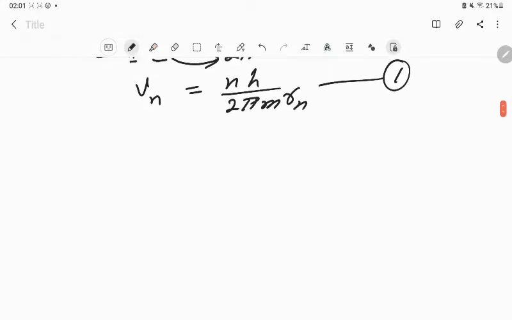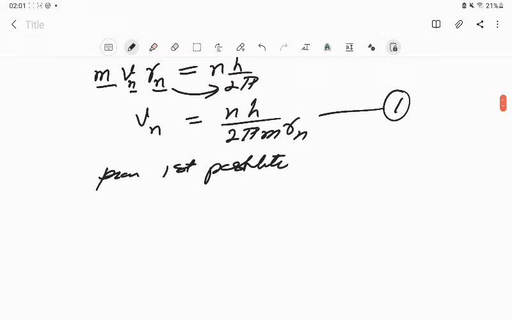Now from the first postulate, what does it say? Centripetal force is equal to electrostatic force.